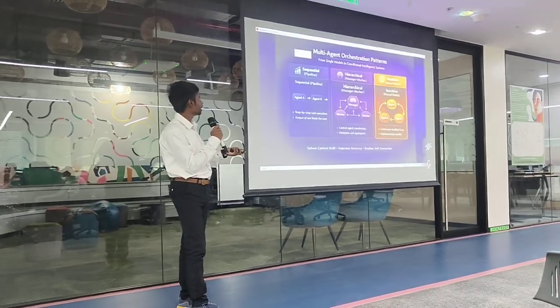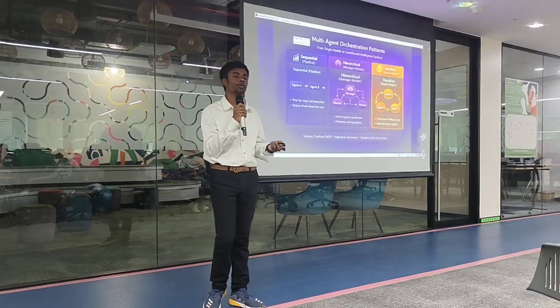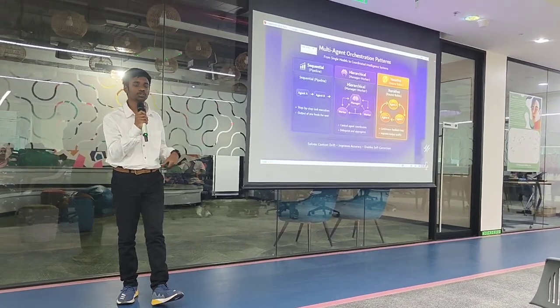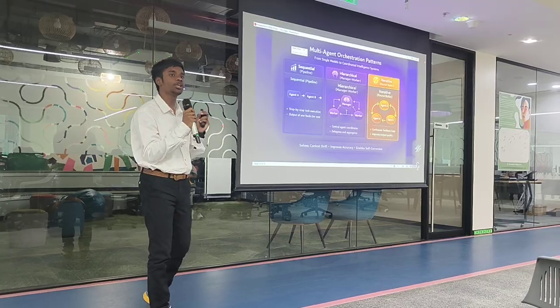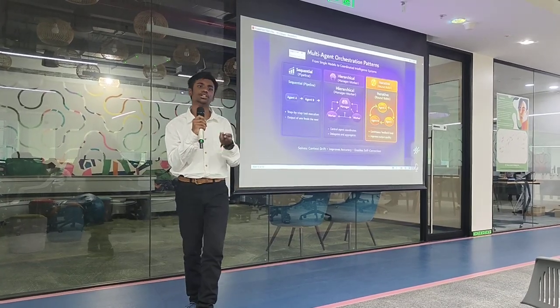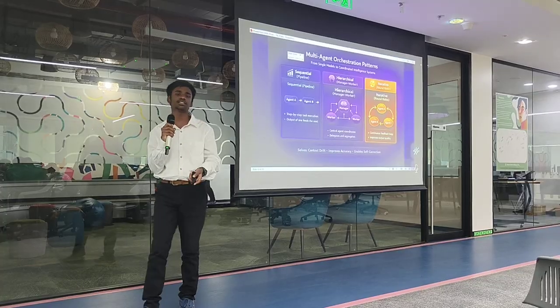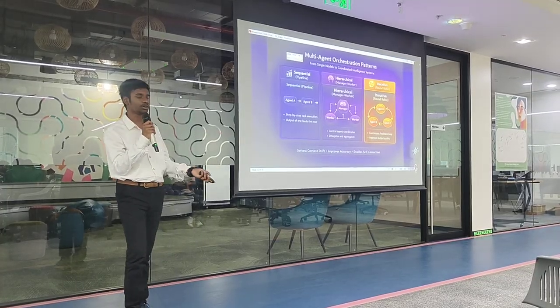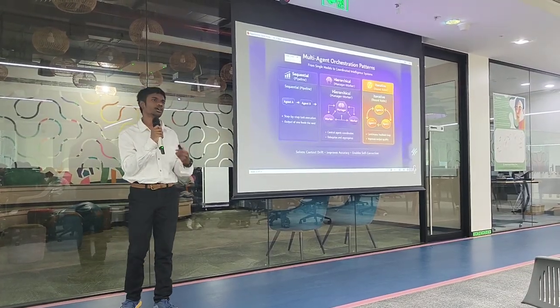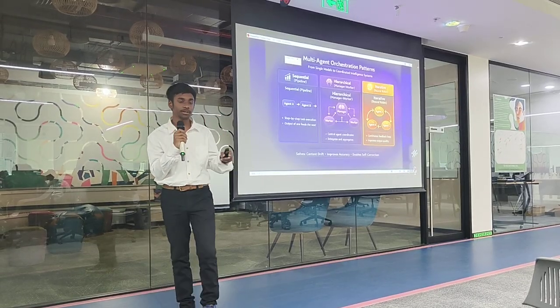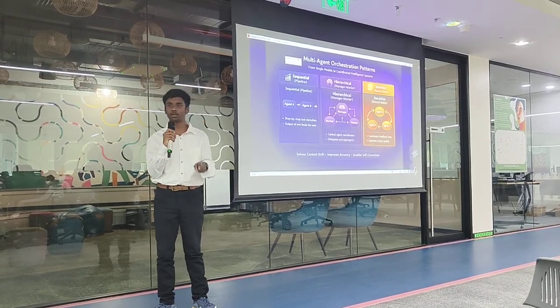And lastly, we have the iterative or round robin flow. Over here, the agents discuss among themselves until they reach an acceptable output. For example, a generator agent produces something, but a critic agent criticizes it, saying it's not compliant with something. The major hurdle here is that every interaction between them is a full LLM call.